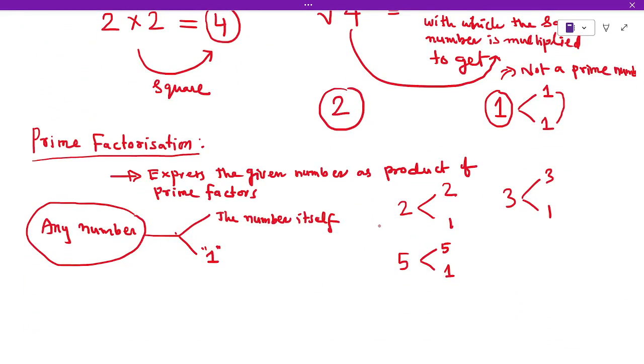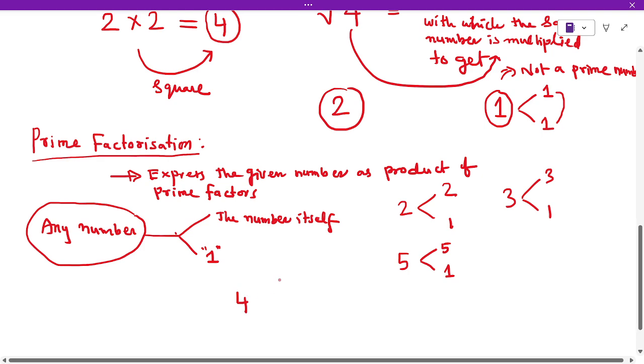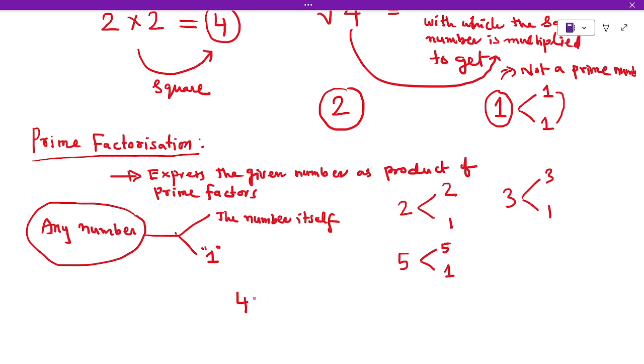Clear? And now let's take 4. Is 4 a prime number? No, right? Why is it not a prime number? Let's write the factors. 4 is a factor because the number itself is a factor of every number. Then by default 1 will be a factor of every number.